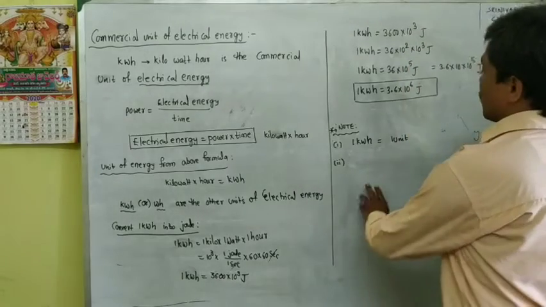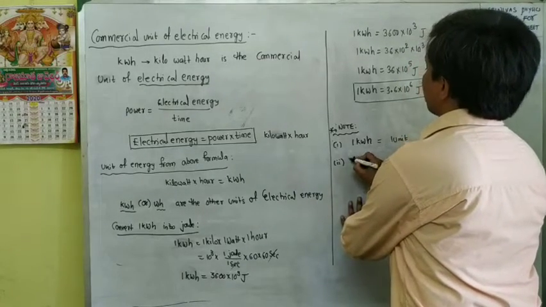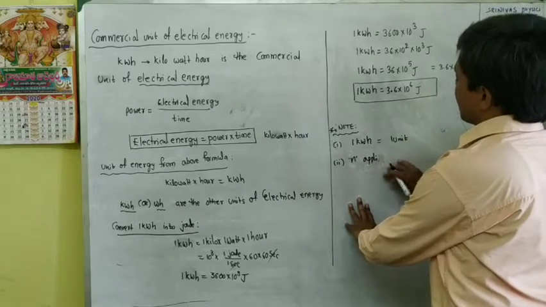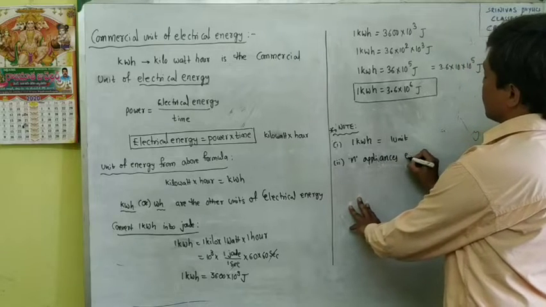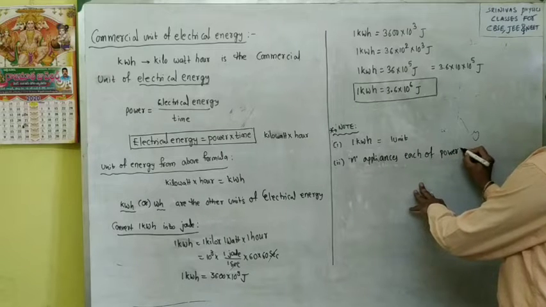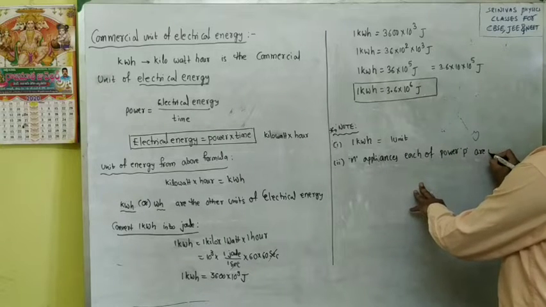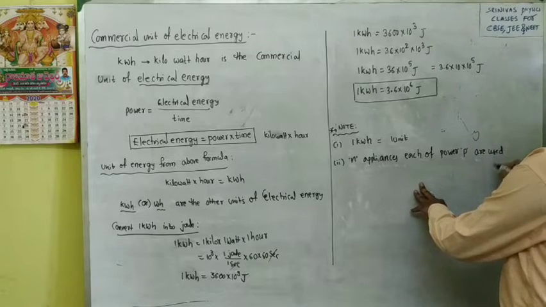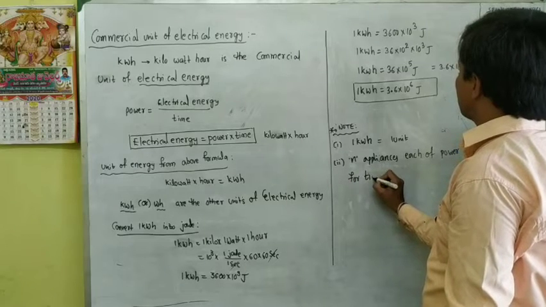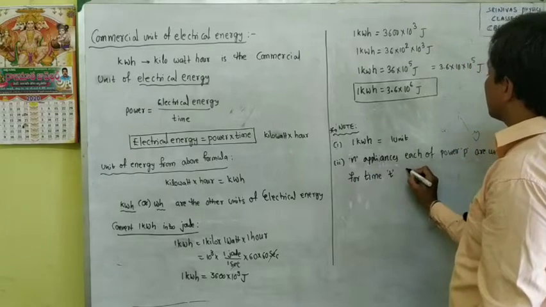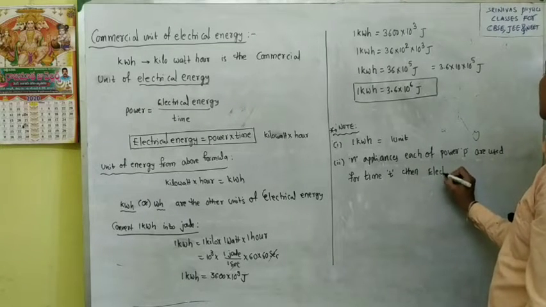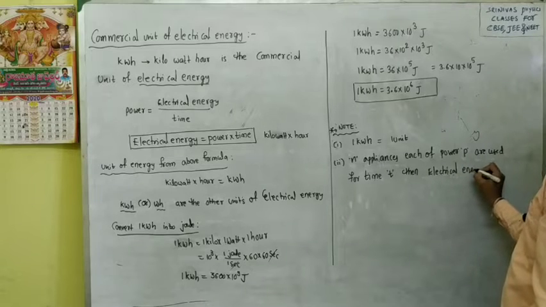Now, n appliances, each of power p, are used for time t, then the electrical energy consumed. What is the formula for that?